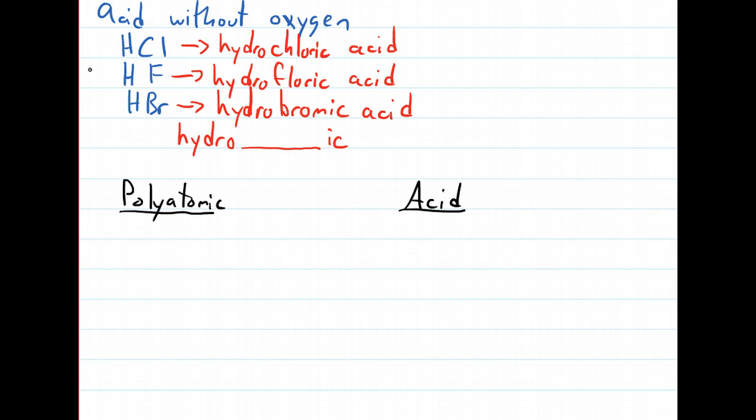If we start at the top with the most oxygens, our polyatomic is per-blank-ate, then our acid becomes per-blank-ic.